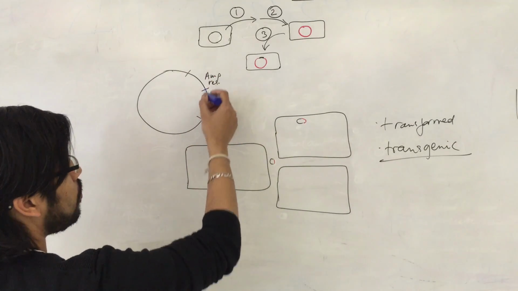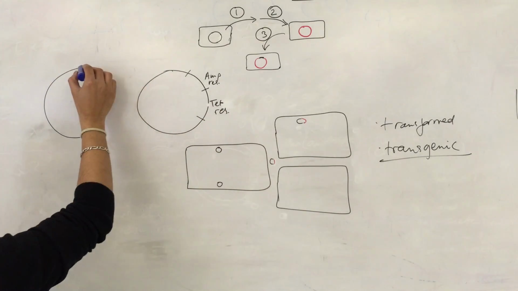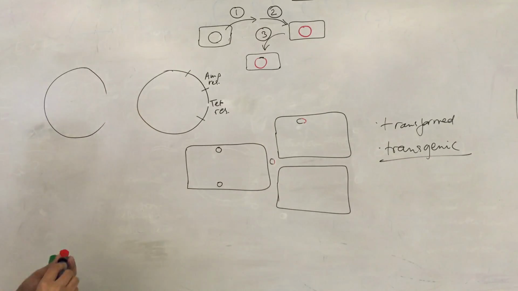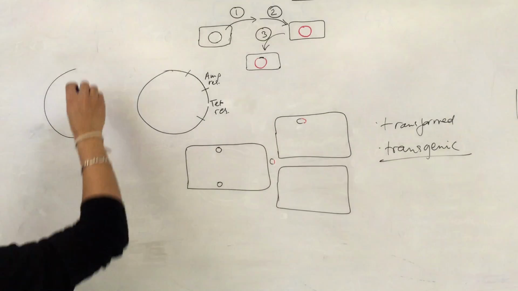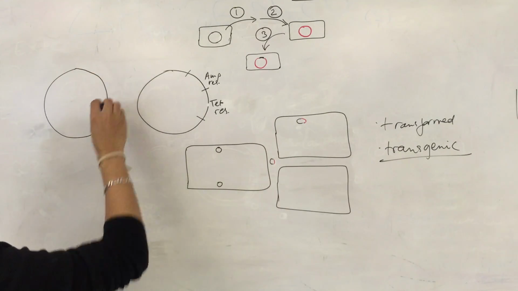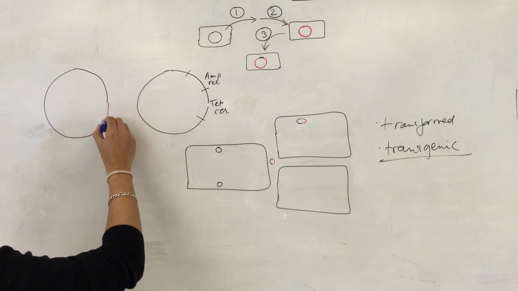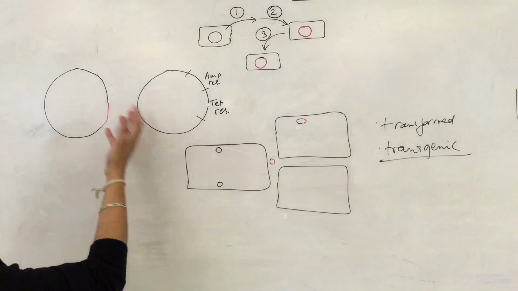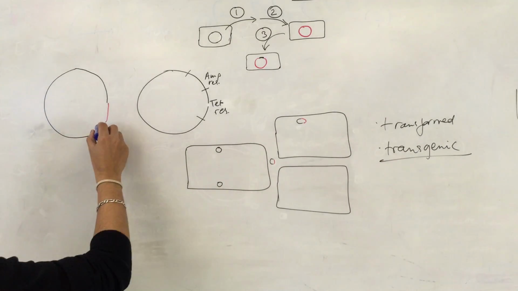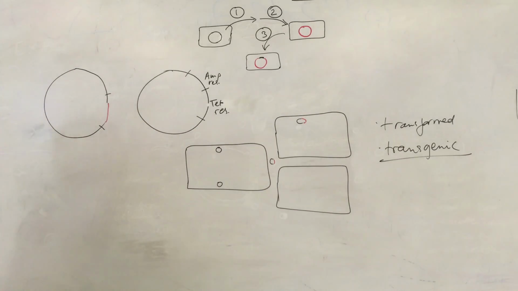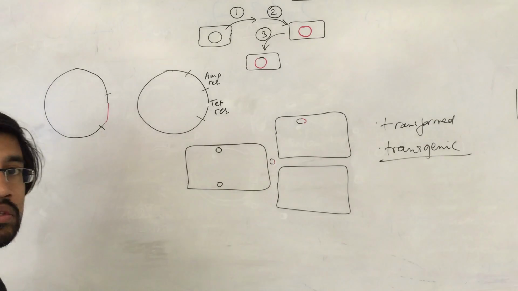So in the case that we have a recombinant plasmid, the situation looks like this. What we have is our gene of interest inserted right bang in the middle of our gene for tetracycline resistance, which kind of messes up our tetracycline resistance.